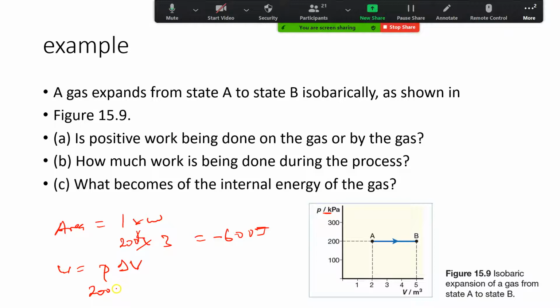Because that is going to affect the answer. So it's 200 kilopascals times the volume, which is basically 5 minus 2, right? So 200K times 3 is going to give us 600,000 joules, minus 600,000 joules.